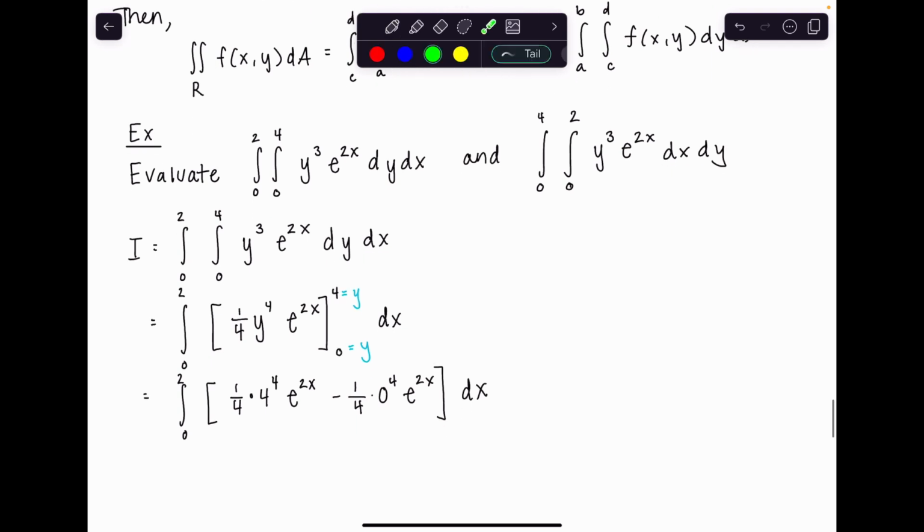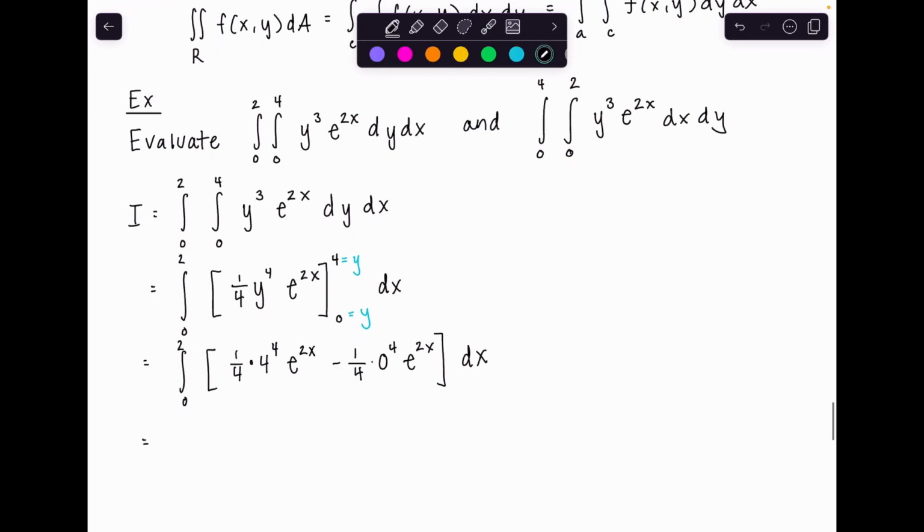So really what this simplifies to, 4 to the 4th divided by 4 is 4 to the 3rd. 4 to the 3rd is 64. So this is the integral from 0 to 2 of 64e to the 2x, and then integrated with respect to x.